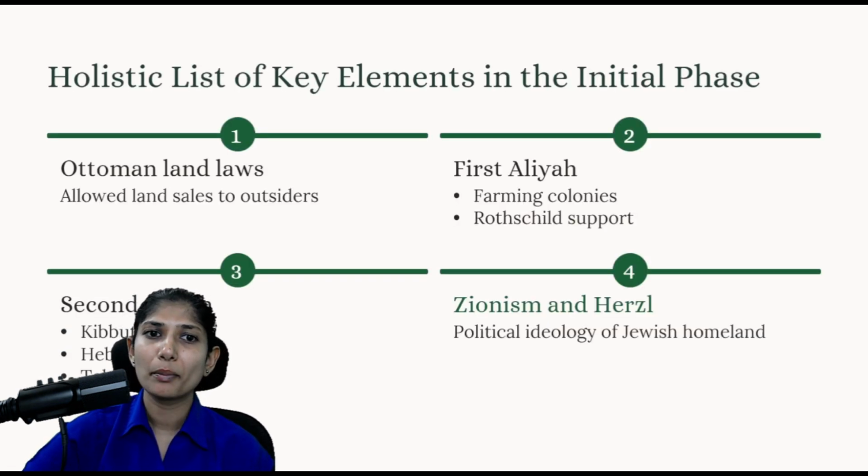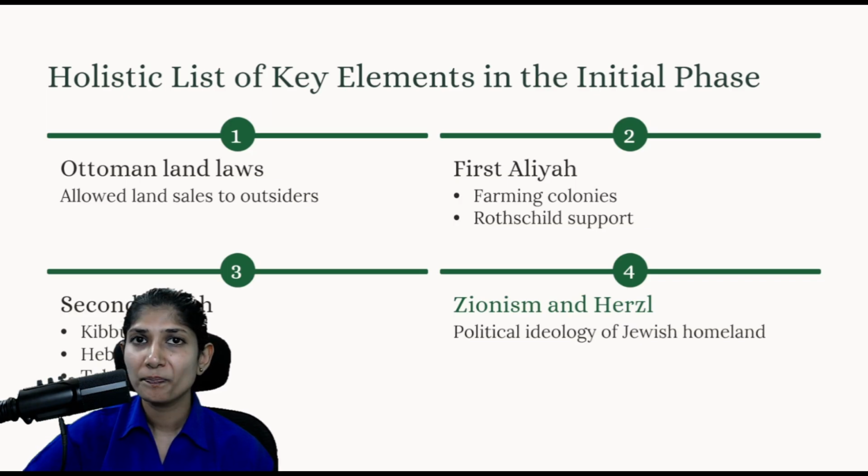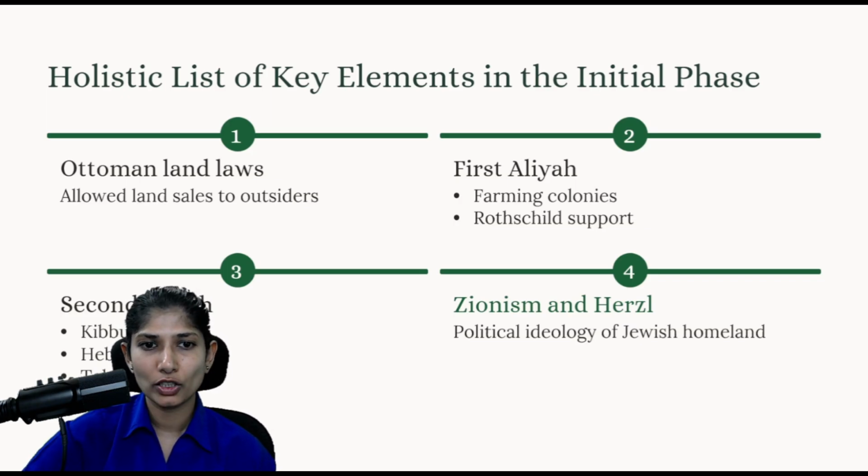So now let's sum up the key elements in the first, or initial, phase of the Jews' entry into Palestine. First, we saw Ottoman land loss. This is where we saw different kinds of lands, and absentee landlordism.